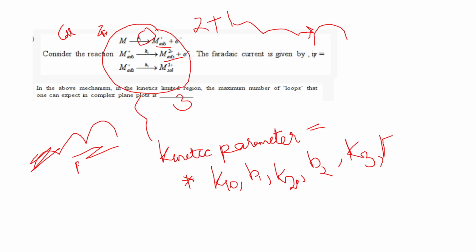So each loop will have one R and C, like that 2 loops. So you will have 2 into 2. Plus, if you remember, 2 Maxwell elements are needed. Plus, you will have a resistor. How will this model come? It will be something like this.